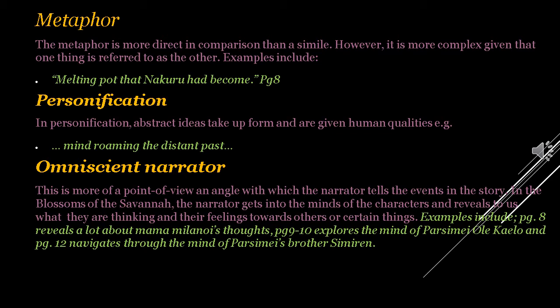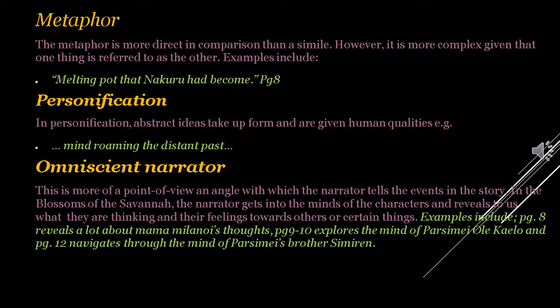Another aspect of figurative language is the omniscient narrator. This is more of a point of view, the angle with which the narrator tells the events in The Blossoms of the Savannah. The narrator gets into the minds of the characters and reveals to us what they are thinking and their feelings towards others or certain things. Examples include page 8, whereby there is a revelation of a lot about Mama Milano's thoughts.